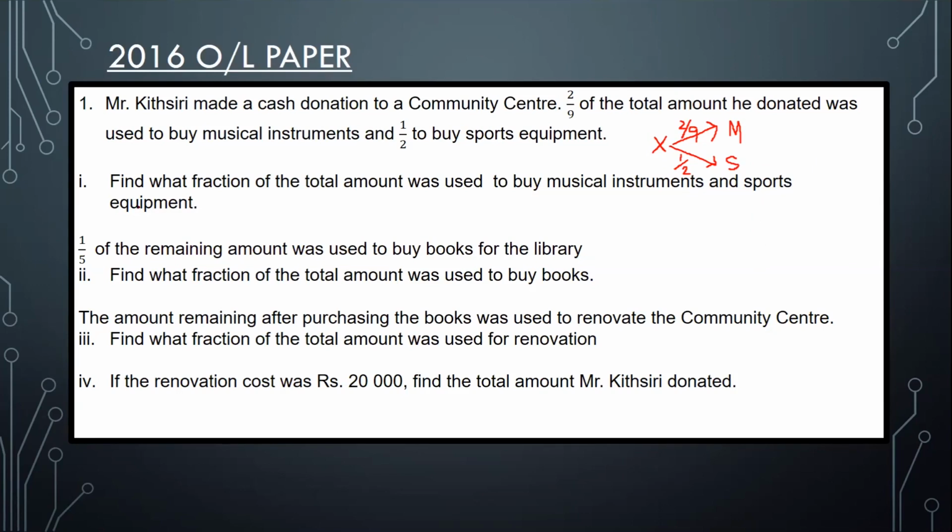The first part: find what fraction of the total amount was used to buy musical instruments and sports equipment. So you have to add both 2 over 9 and 1 over 2.